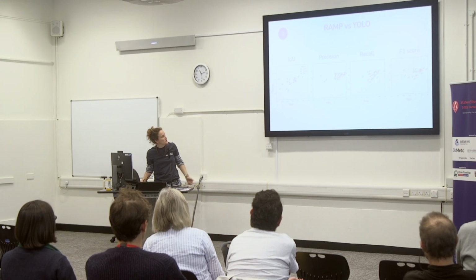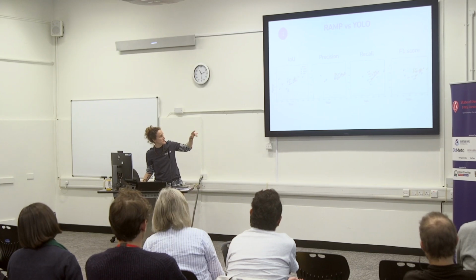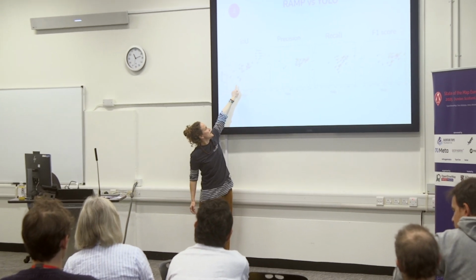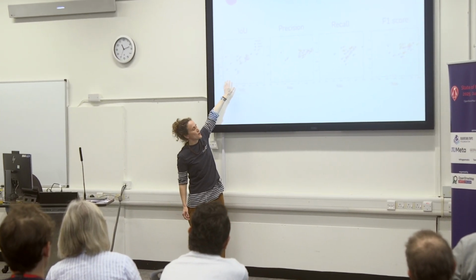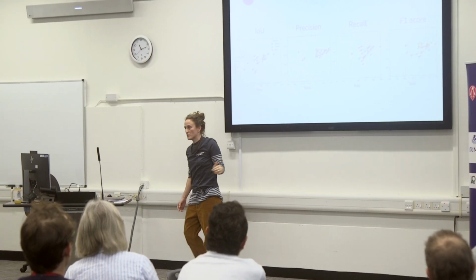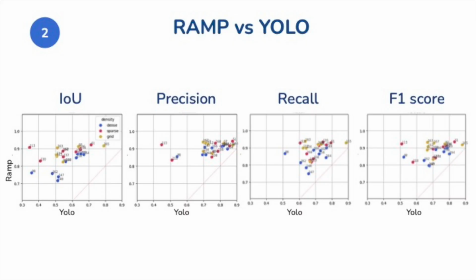So I thought it could be interesting, as the third step, to compare cities where both perform badly, cities on the opposite corner where both perform well, and places where RAMP performs quite well and YOLO performs worse, and try to understand why that happens.